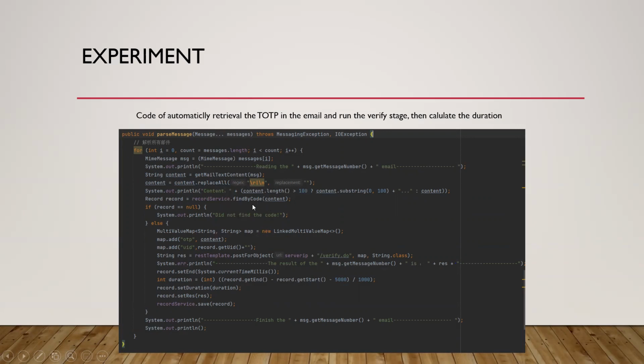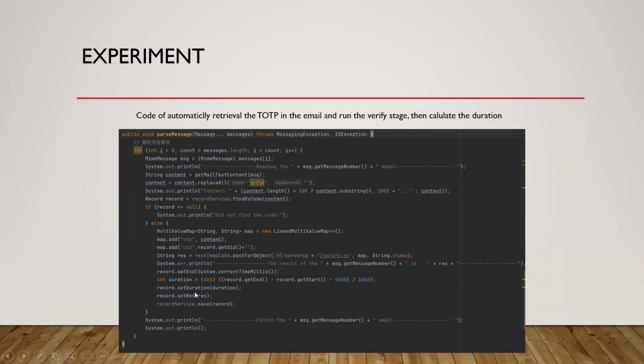And here we'll check if this dynamic password is in the database. If it's not, we'll print that they did not find the code. Otherwise, we will run the post functions to the verify APIs and get the results. And we'll print the results here.